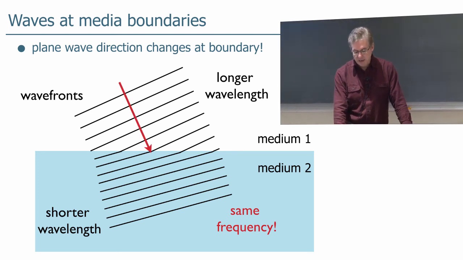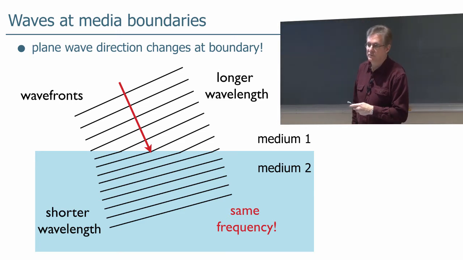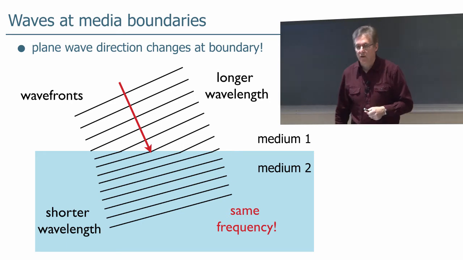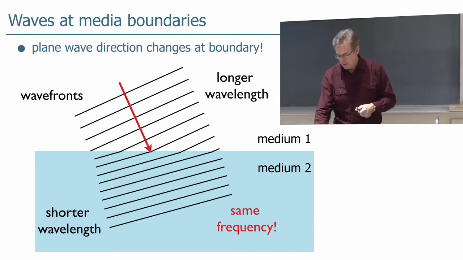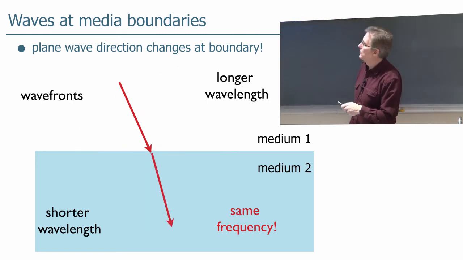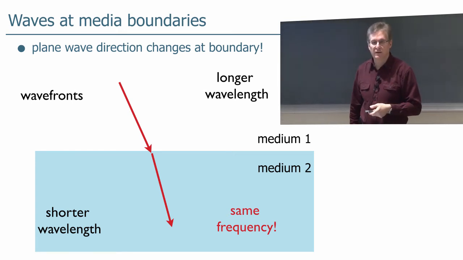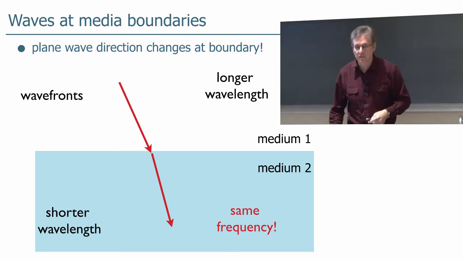So now we're going to change our representation from a whole bunch of plane waves, which is a pain to draw, to just drawing a line, an arrow, a ray indicating the direction of light hitting the surface. And then inside the medium, we'll draw that. You should remember when we draw these rays that it's actually indicating a plane wave both outside and inside the new media.